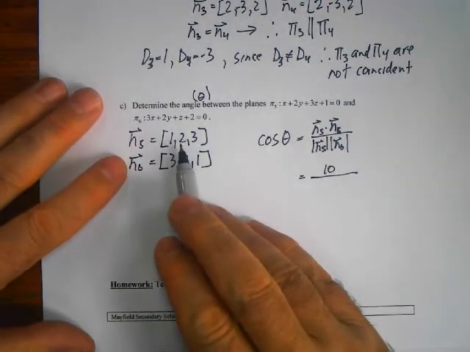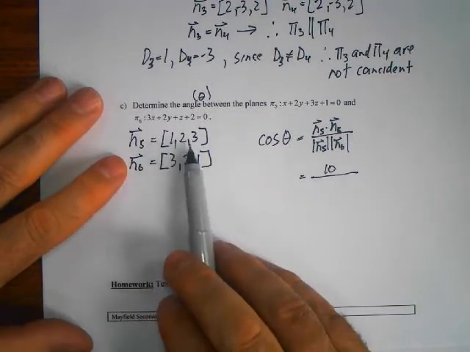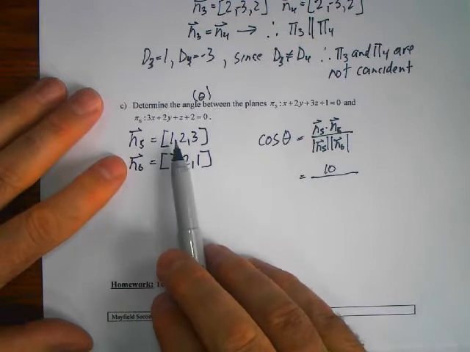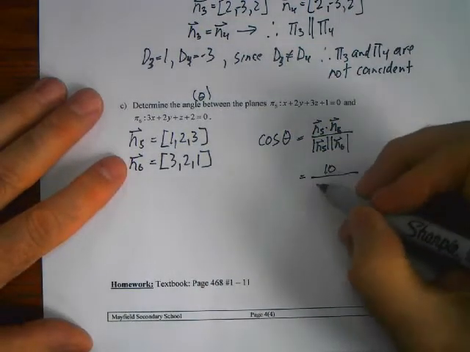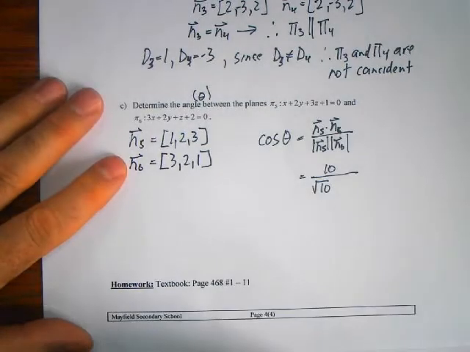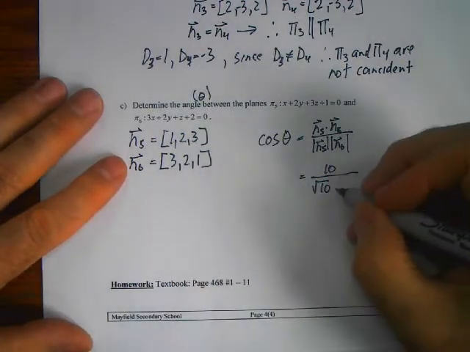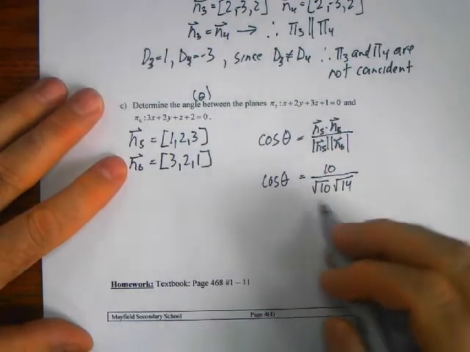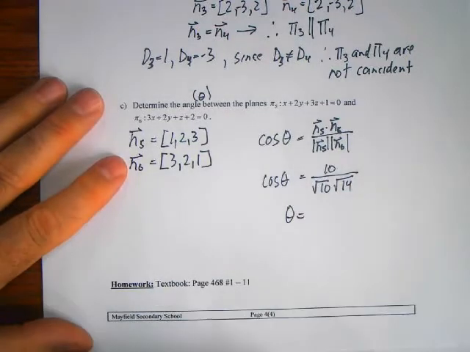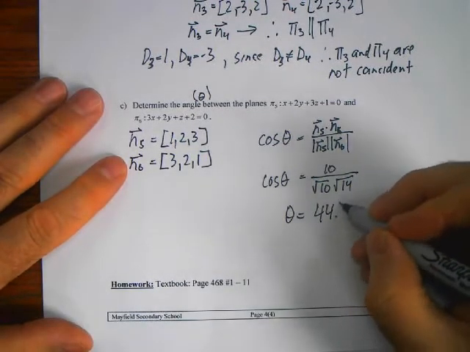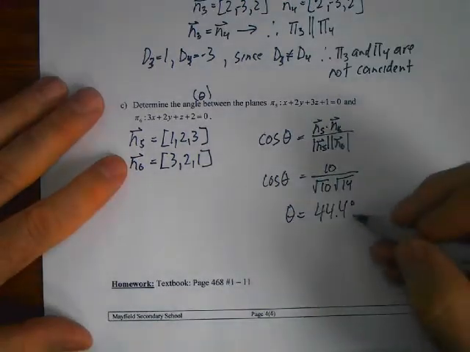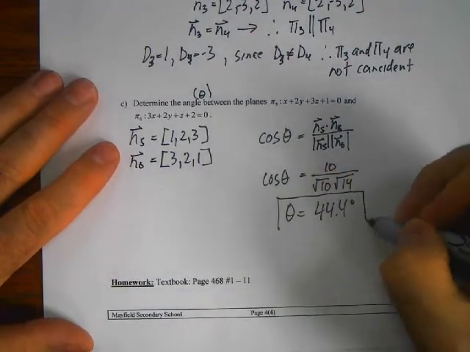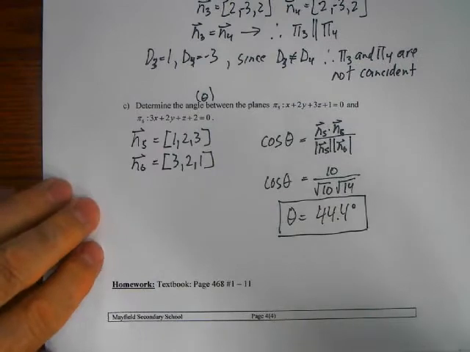The magnitude of each of these, you basically square each component and combine them, so that'd be 1 plus 4 plus 9, that's root 14, and 9 plus 4 plus 1, that's root 14, but we take the square root. Okay, and if we take the cosine inverse of this, we'll get an angle of 44.4 degrees. You could also do 180 minus that would be the paired angle, the obtuse version.